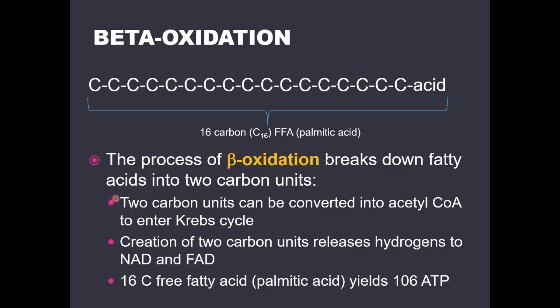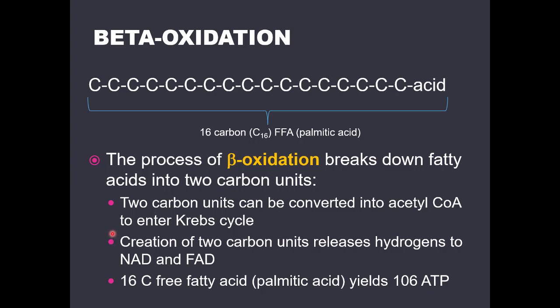Now, other than acetyl-CoA, as you see here, we're going to have some more redox reactions during beta oxidation. This will provide NADH and FADH2, which again are electron carriers that will be used in the electron transport chain, where again, the majority of ATP will be produced. So essentially, we have the same processes that come at the end of complete glucose oxidation or carbohydrate oxidation.